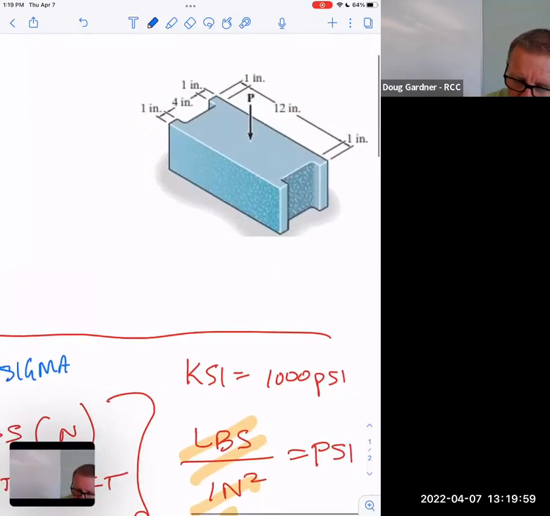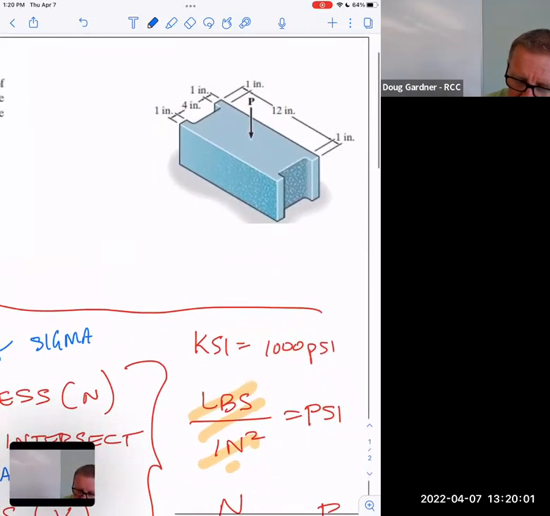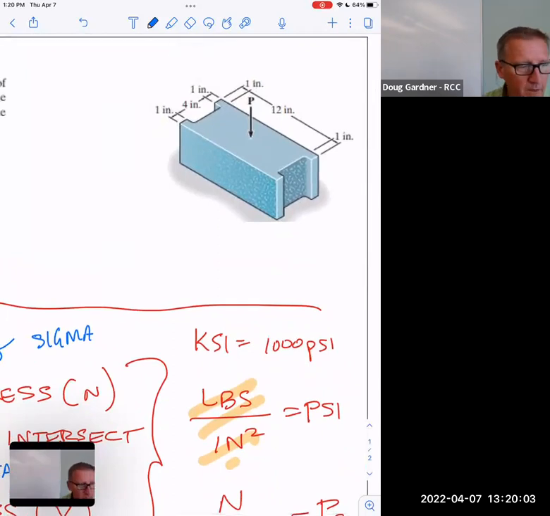Well, there's more than one way to find the area of the top of this. I won't bore you with the details, but just as a side note, probably the smartest way here is to surround the entire shape with a rectangle. So that would be 12 plus 1 plus 1, that would be 14, by 4 plus 1 plus 1, 6.